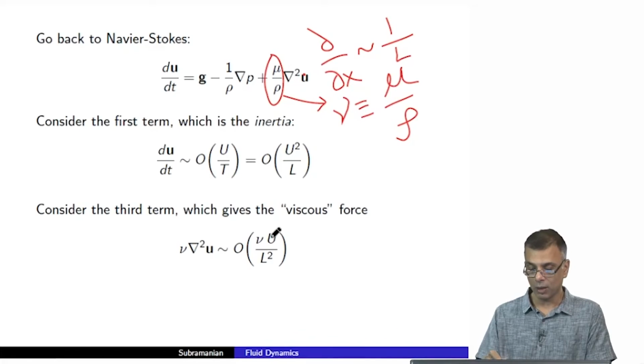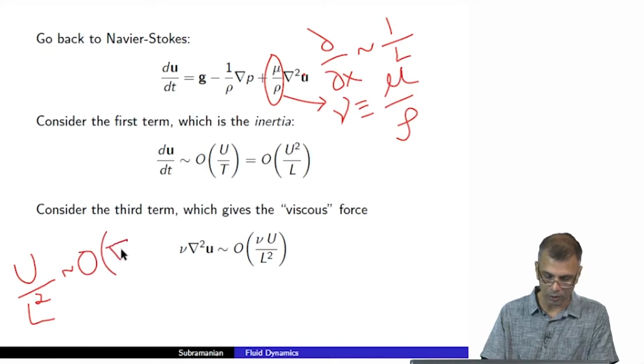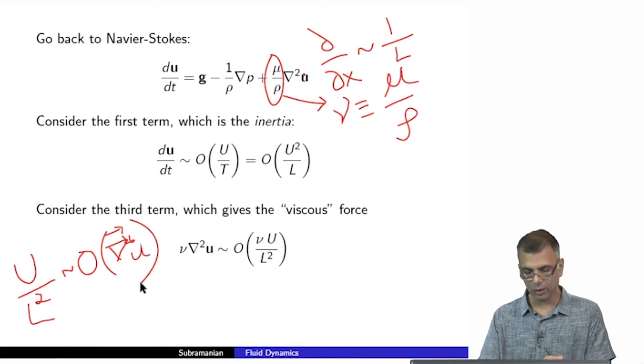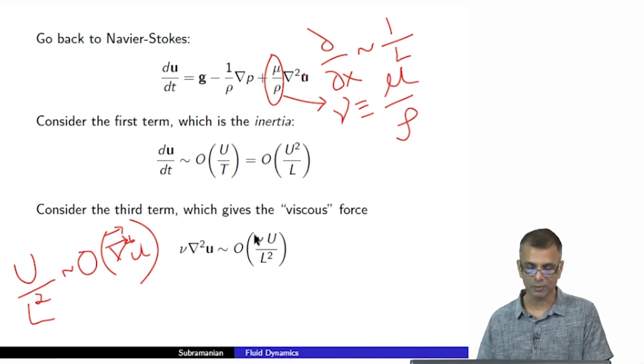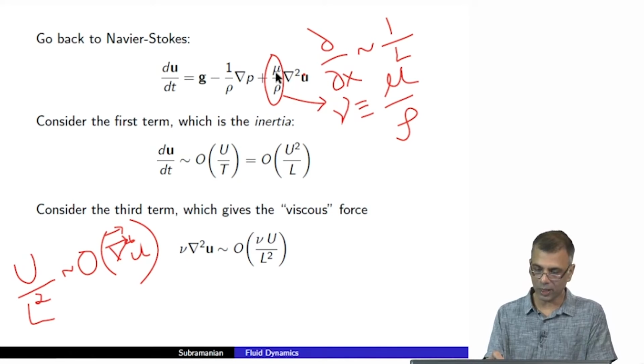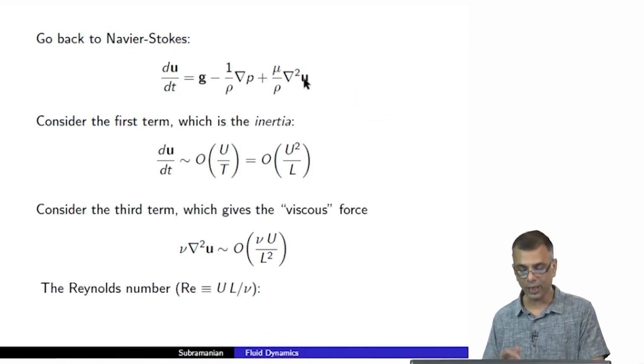So U over L squared is the order of magnitude of this quantity, and the nu I simply keep as it is. So this is the order of magnitude of the third term.